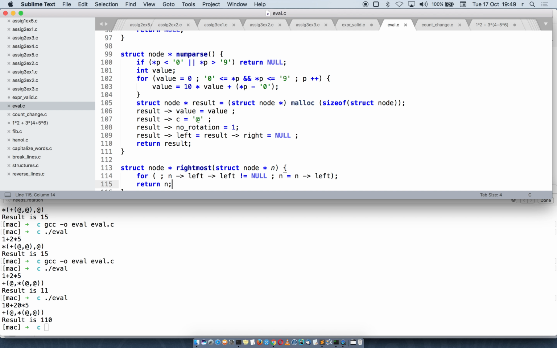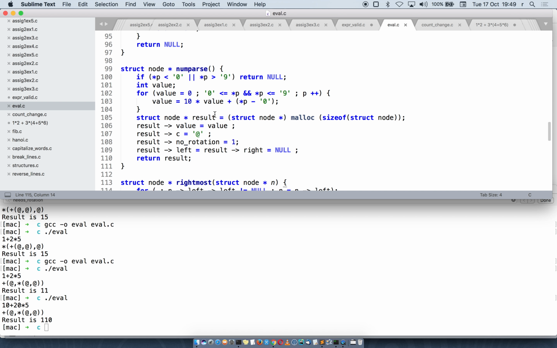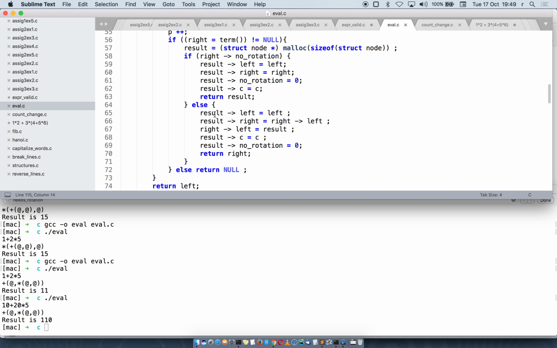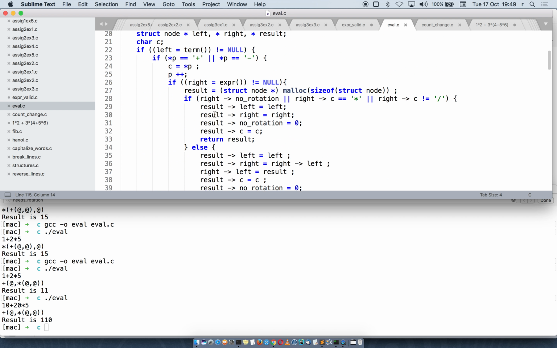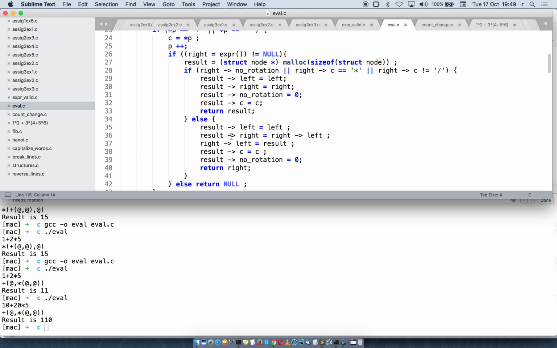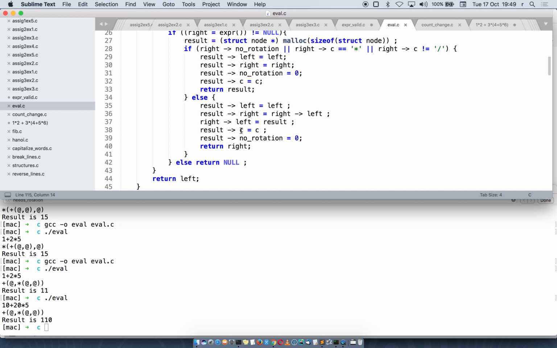Okay. So let's see how we use this. We want to use it right here. And again, result left stays at left. Result right should be leftmost of right.